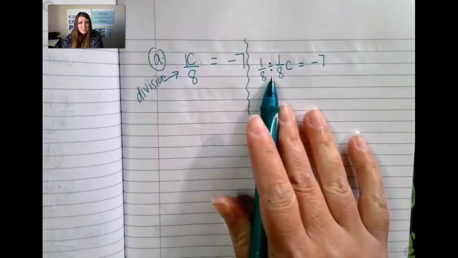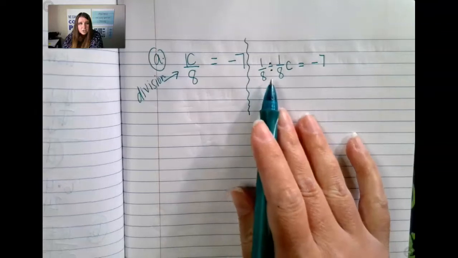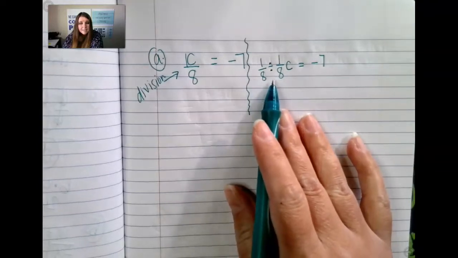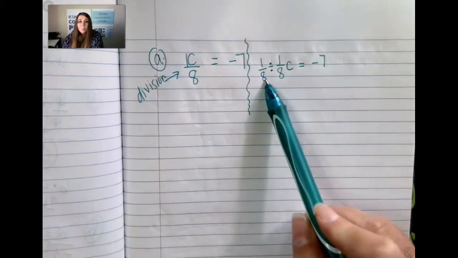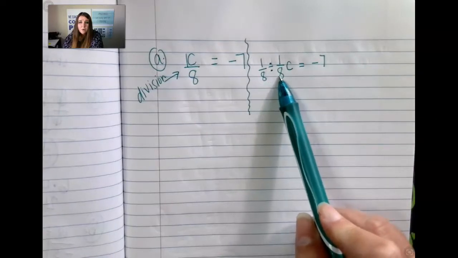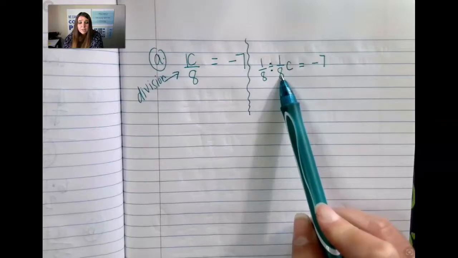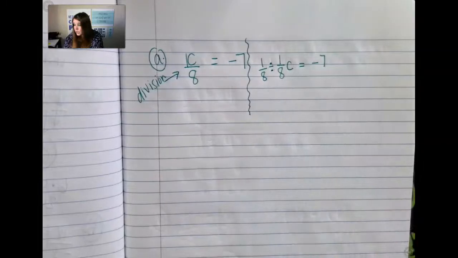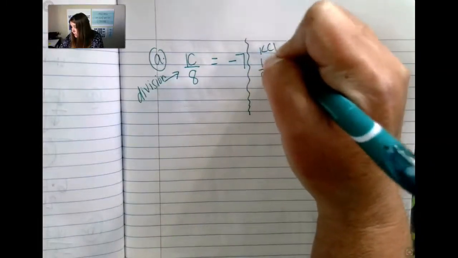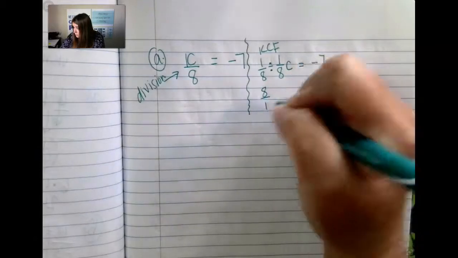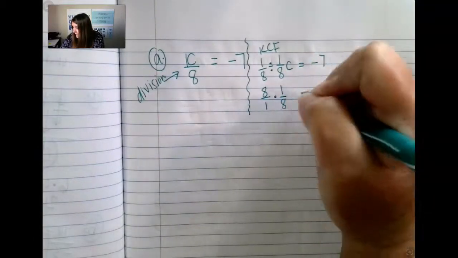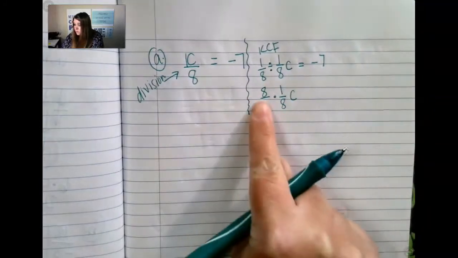Well, when you have a fraction divided by a fraction, you actually have to use the reciprocal, to get one and get rid of it, because our whole job here is that we want to get rid of the bottom one. So instead, we are going to keep, change, flip, so that we can actually multiply again. So instead now it's 8 over 1 times 1 over 8 C. That's how you do it.